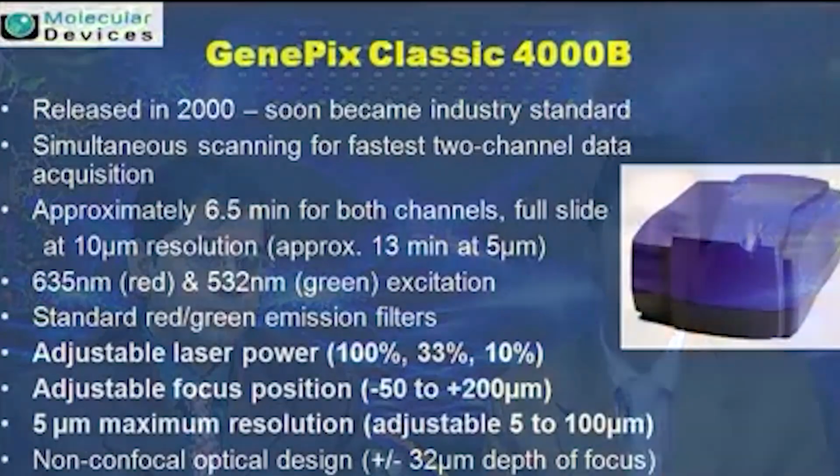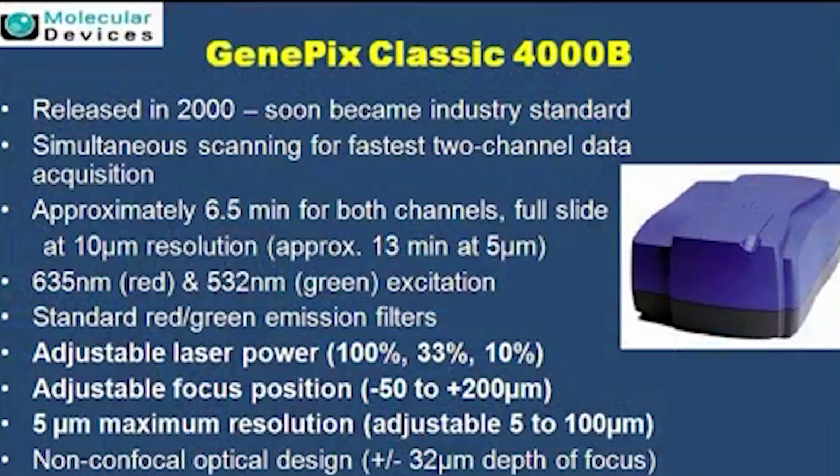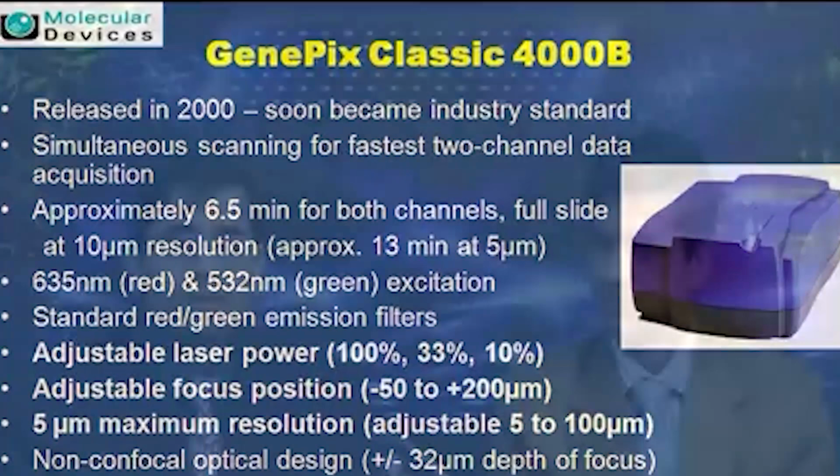This allows you to focus at different depths, so we can have different slide compatibility with the scanners. It allows a 5 micron maximum resolution, and it can go up to 100 microns of resolution. It uses a non-confocal optical design, and any standard slide can be used for scanning. So it allows a wide range of applications.